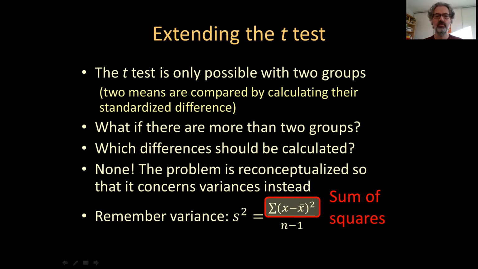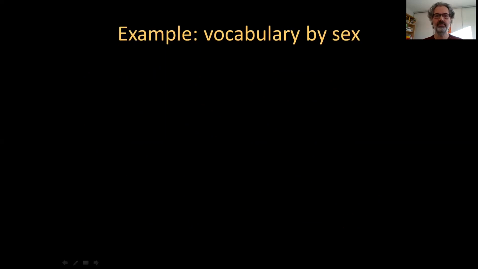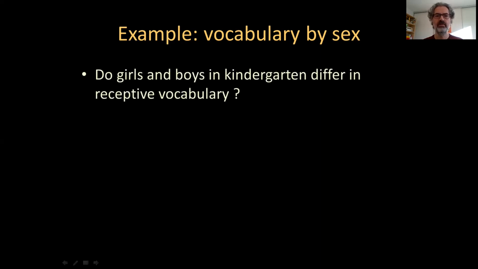And to see how we work with this sum of squares, we're going to use an actual example, and we will go with the simplest possible example, which is just two groups. Just for showing the calculation, we're going to use only two groups, and we'll use the example of receptive vocabulary scores measured for two groups of children.